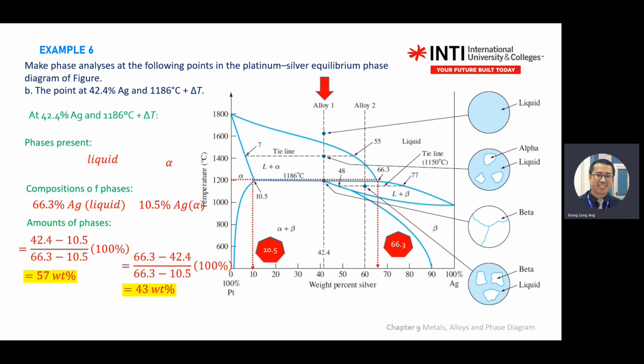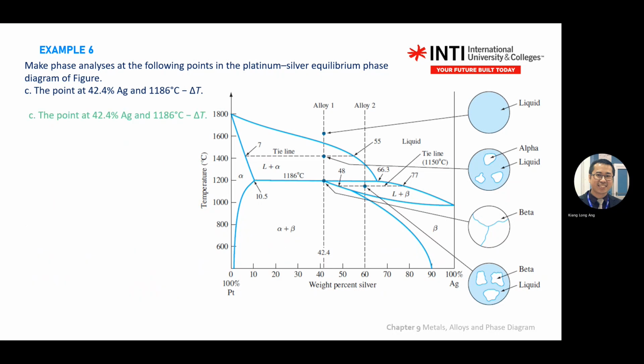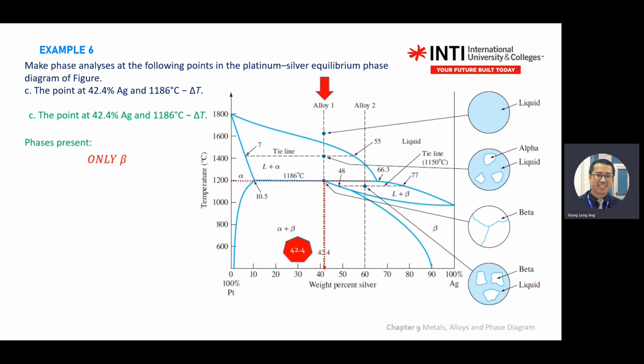Okay, we're still using the lever rule to solve. Then C is a small delta below the peritectic. It's just below the line. Still the same, but just a little bit below. So a little bit below here, the peritectic line, 42%. Of course, this graph is very hard to see whether it is only beta, because this is very, very small.